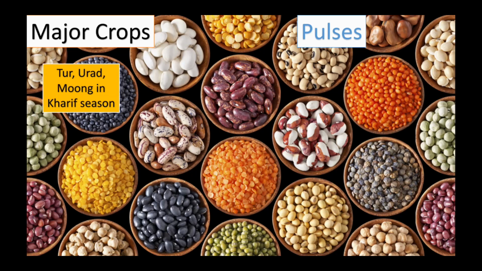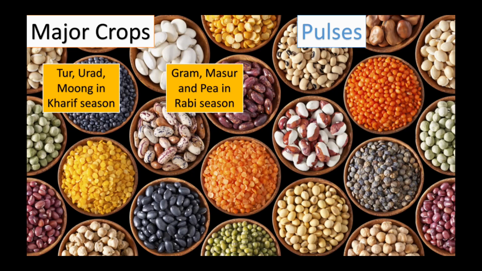Remember, India produces tur, that is arhar, urad, mung in kharif season, and gram, mustard, peas are grown in rabi season. Pulses are the major source of protein in a vegetarian diet.